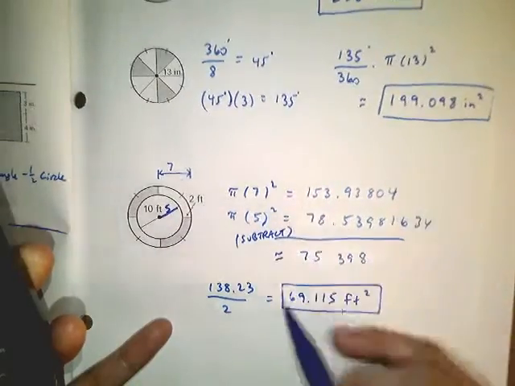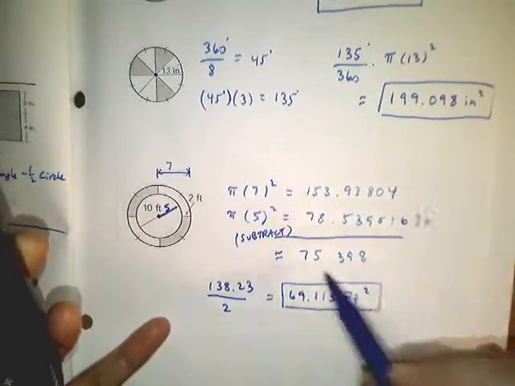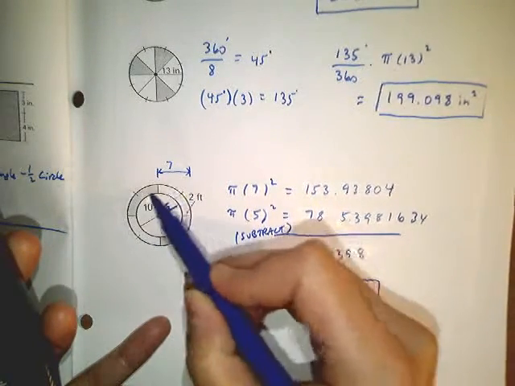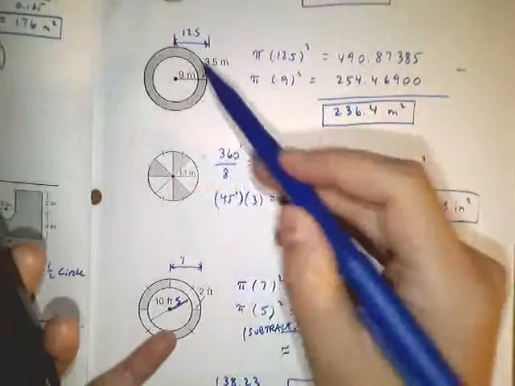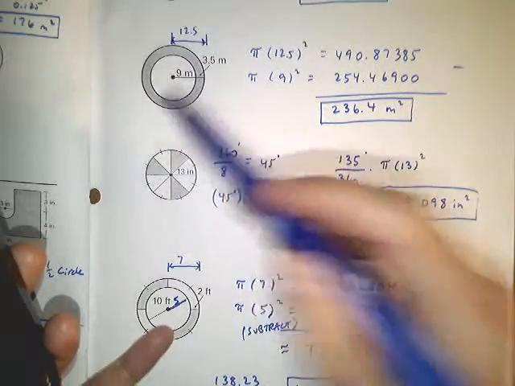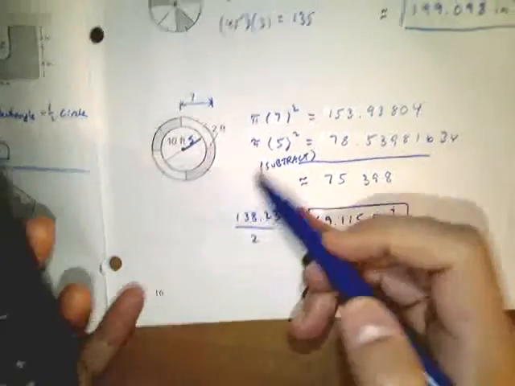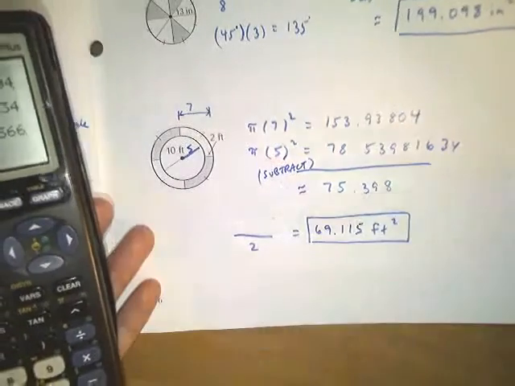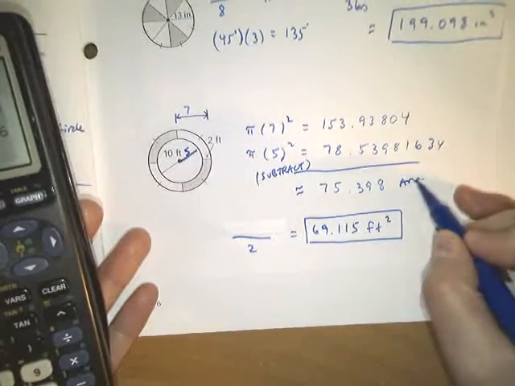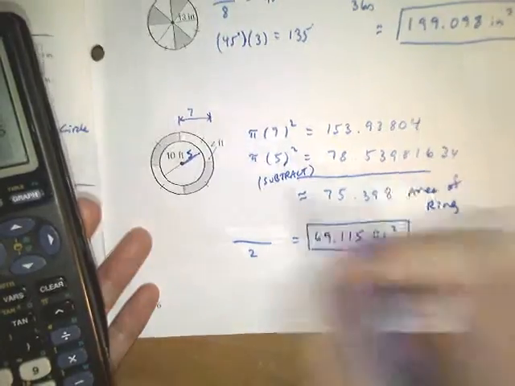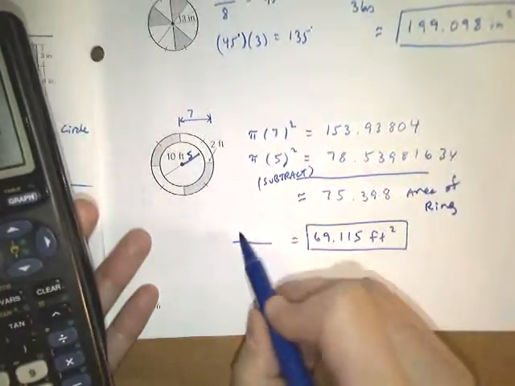Okay, now that is the area of this ring if the whole ring existed. That's what I did up here. I found the area of the large circle minus the area of the small circle, and I found the area of the ring. But here, I don't have the whole ring. I have half of that ring. So what I'm going to do now is take the area of the ring, that's this, and divide it in half.